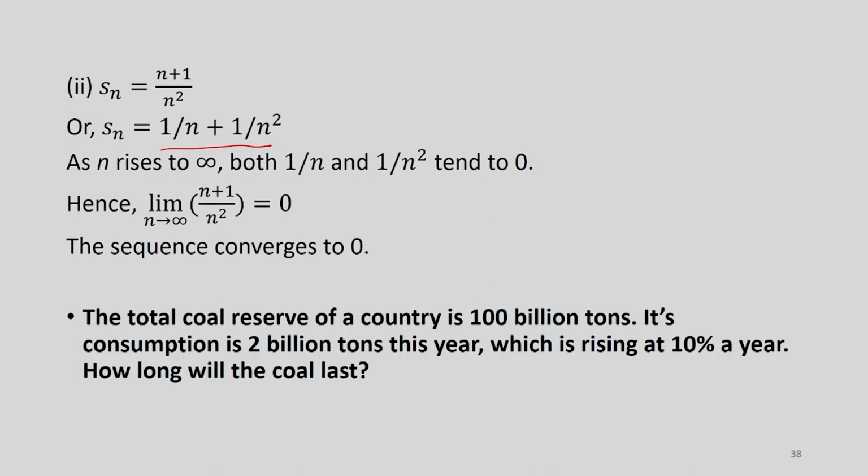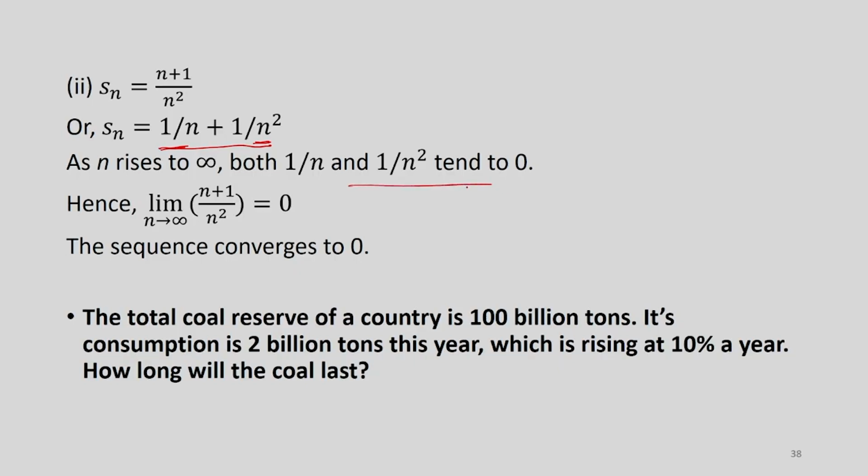Now, once again, as n goes to infinity, what happens to these two terms? As n goes to infinity, this first part again, the denominator is going to infinity, which means that the fraction will go to 0. Similarly, here also the denominator goes to infinity, therefore, the fraction again goes to 0.